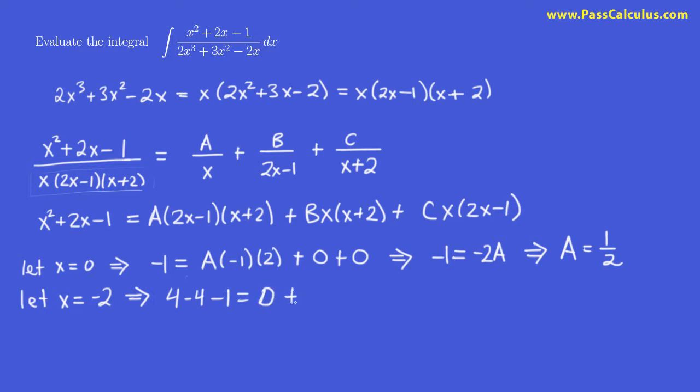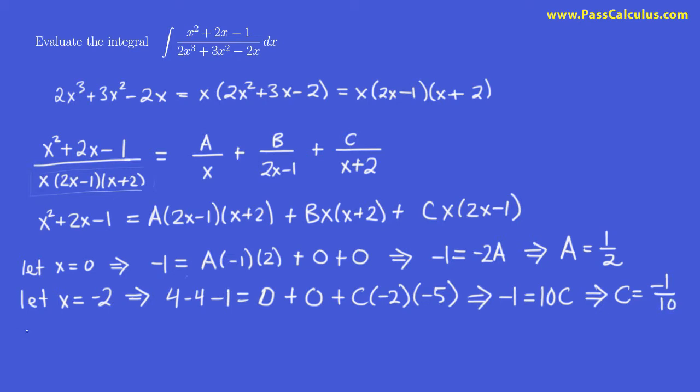This entire thing is 0. And when x is negative 2, what do we have here? We have C times negative 2. 2 times negative 2 is negative 4. Minus 1 is negative 5. And what does this give us? Well, 4 minus 4 is 0, so we just have negative 1 left there. And over here we have positive 10C. So that means C is negative 1 over 10.